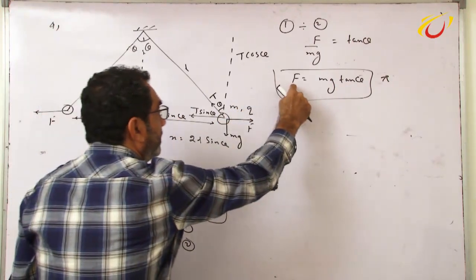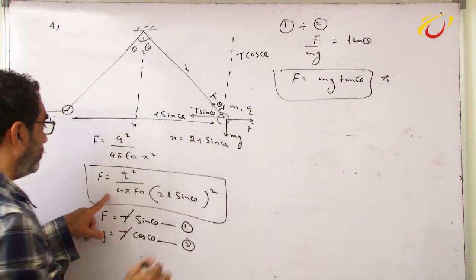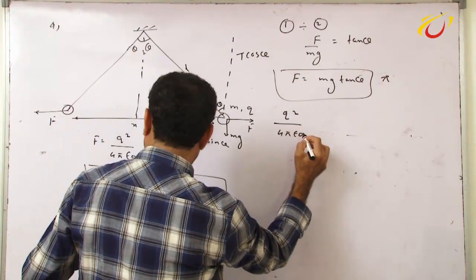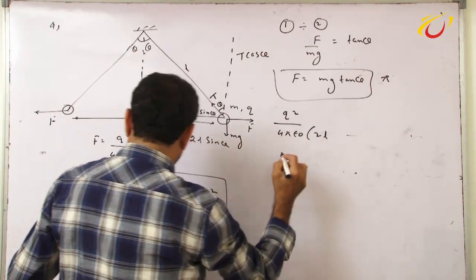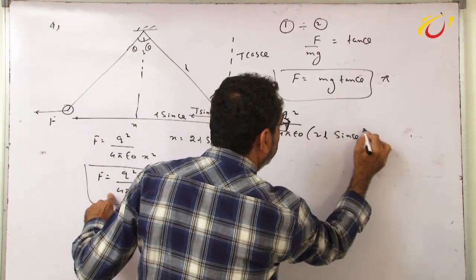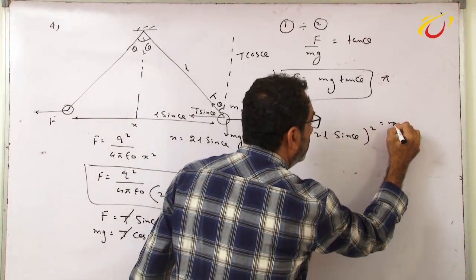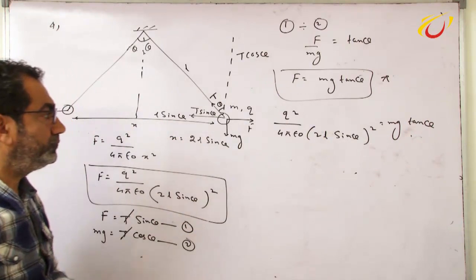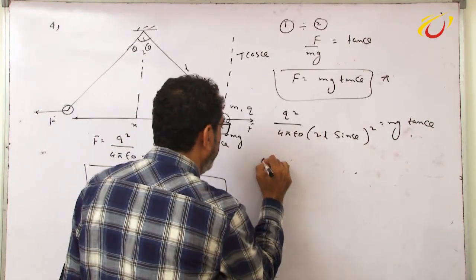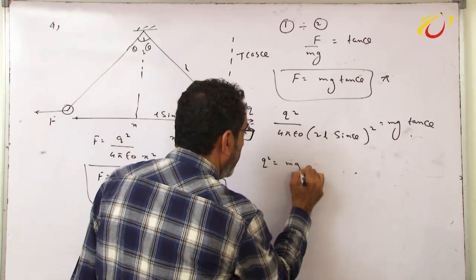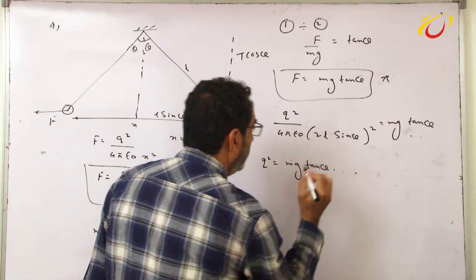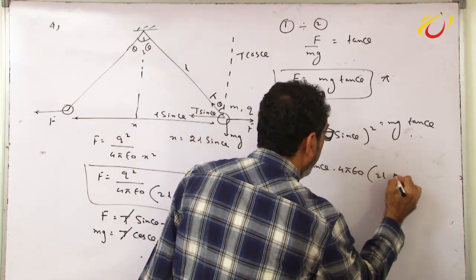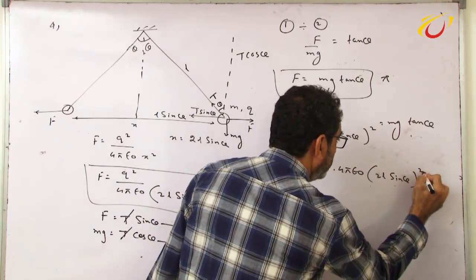Now, in place of Coulomb force, put it like this. So this will be q square over 4 pi epsilon 2L sine theta square is equal to mg tan theta. So q square will be mg tan theta into 4 pi epsilon into 2L sine theta square.